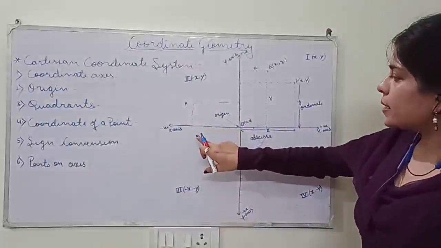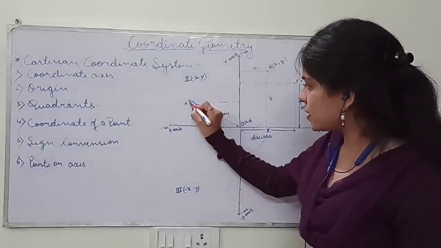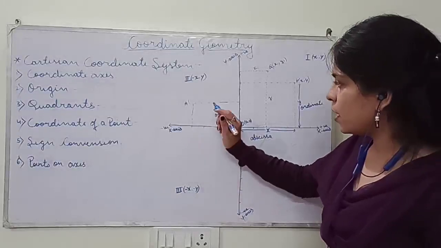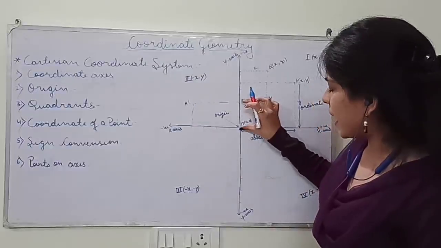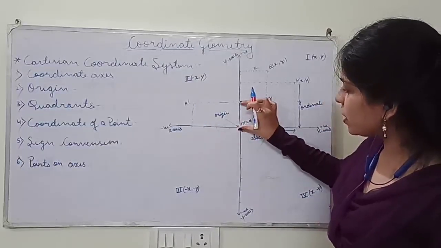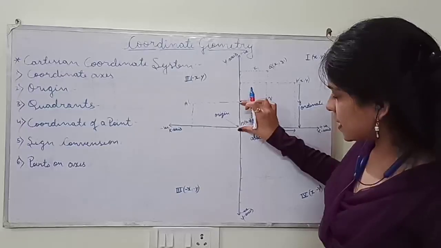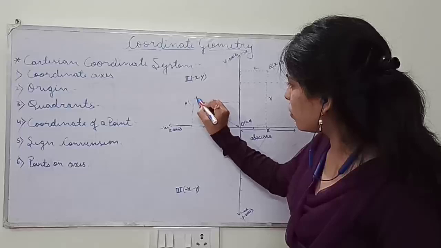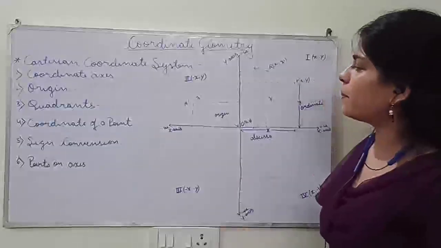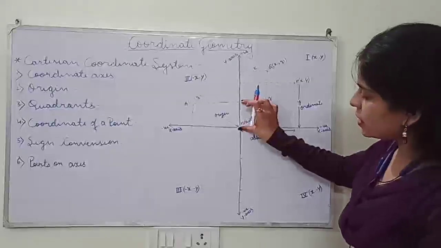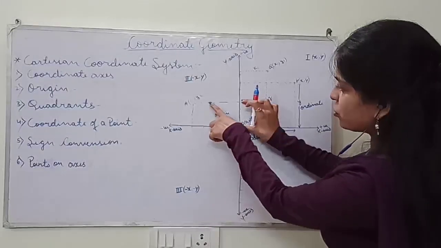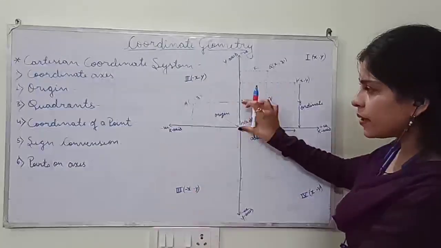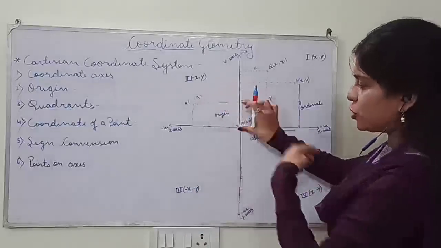Its perpendicular distance from the x-axis is this, so name this y2, because we don't have the actual value, so randomly I am naming it y2.